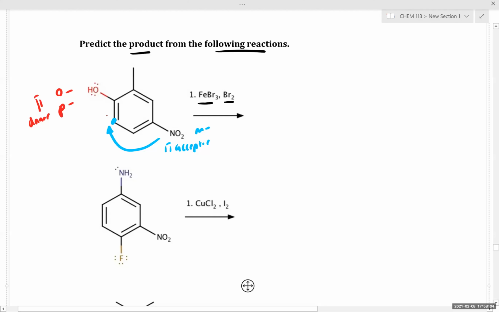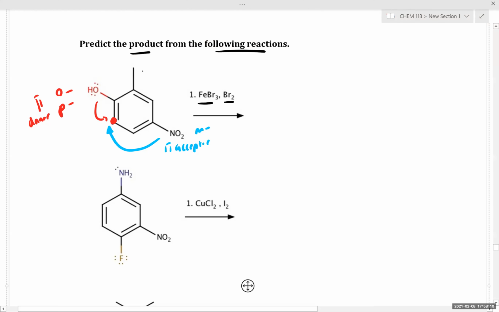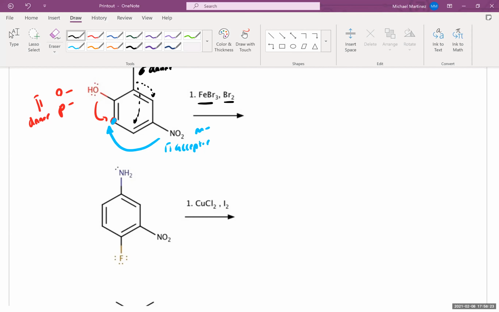The hydroxyl group is an ortho-para director, so it directs here. And the methyl group is a sigma donor, so I'm going to draw it with a little bit of a weaker arrow. It's not as strong of a director. So in cases where we have multiple substituents, we first look for additive effects.